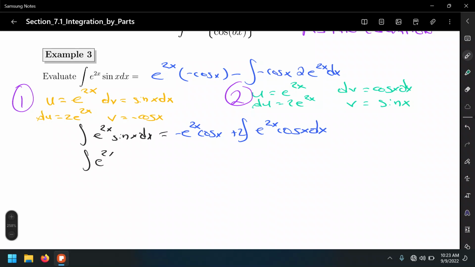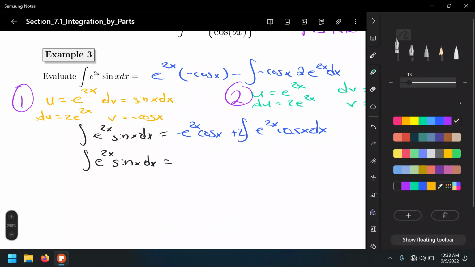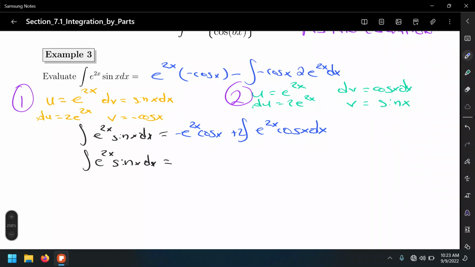Let's keep going then. The integral of e to the 2x sine x, which is our original problem, equals, so far, negative e to the 2x cosine x plus 2 times, and be careful here, because that coefficient I put outside to multiply with whatever we get from doing the second integration by parts, which in this case uses the setup in color green.